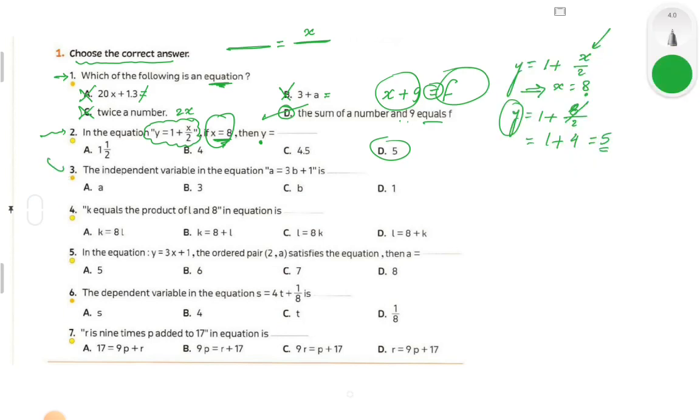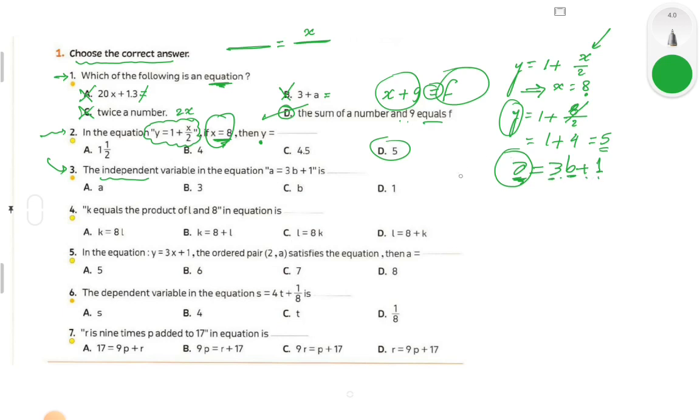3. The independent variable in the equation a equals 3p plus 1 is what? Independent. Of course, I have a equals 3p plus 1. The variable alone is here, but p is multiplied by 3 and added to 1.